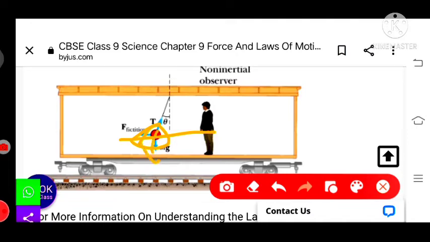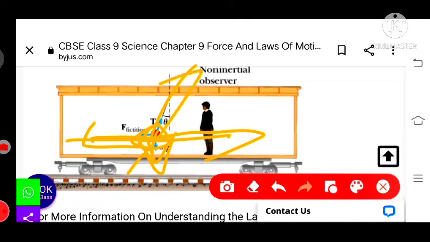The mg, which is the gravitational force, pulls the ball downward, and the frictional force is applied in the opposite direction, which is in this direction, and this creates an angle of theta.